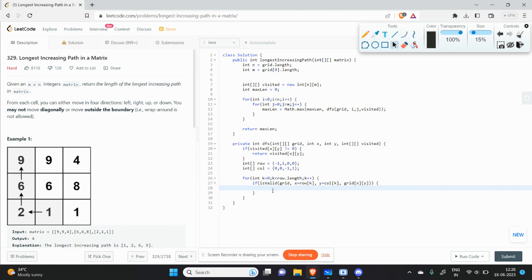So we should take the maximum of those paths, and this is just a recursive call that I am making.